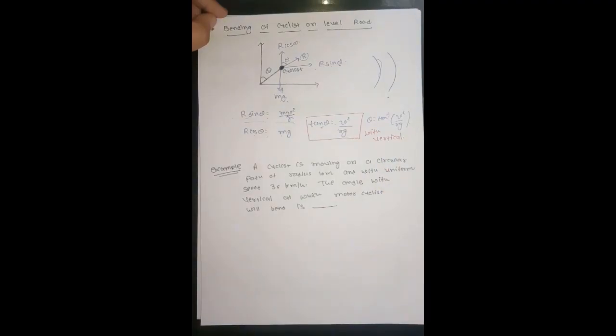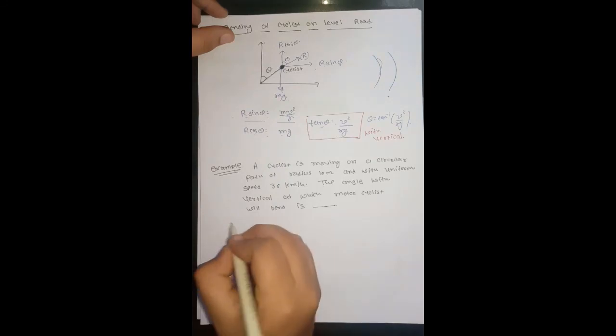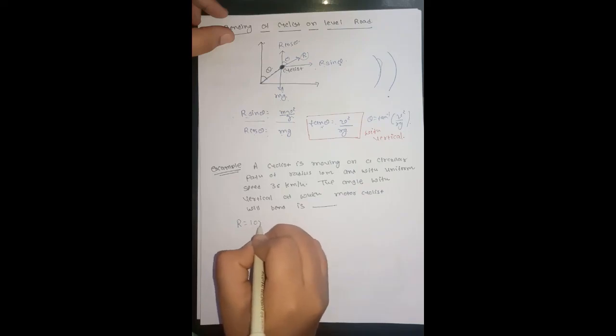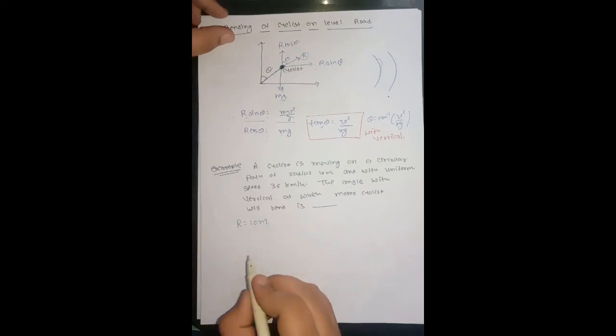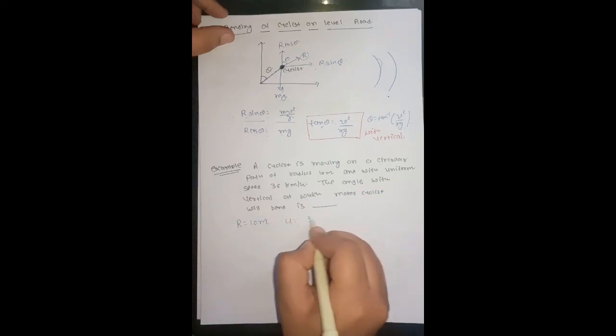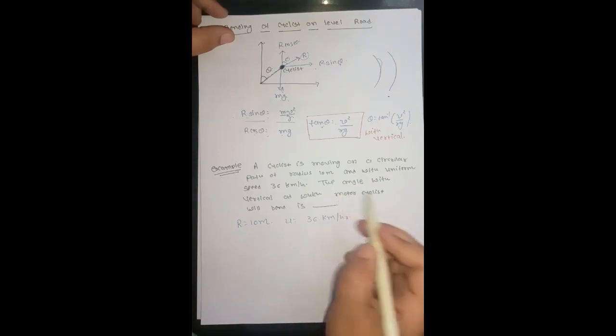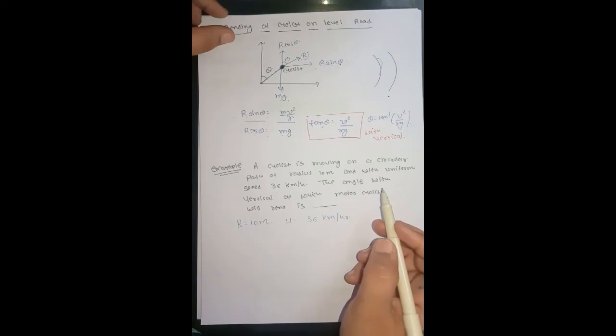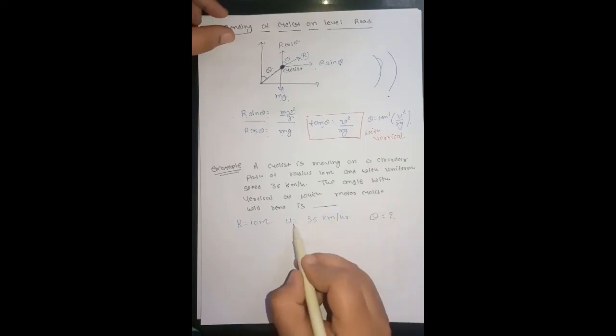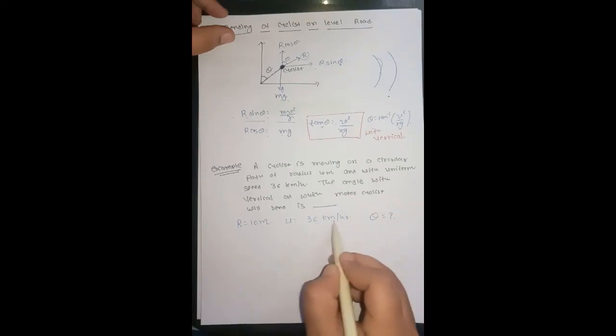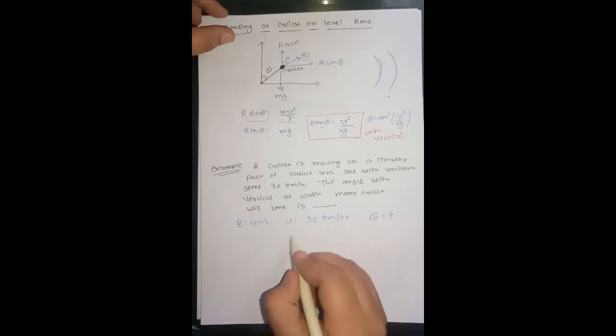Let us see one example on that. A cyclist is moving on a circular path of radius 10 meter and with uniform speed 36 km per hour. The angle with vertical at which the cyclist will bend is, we want to find the angle theta. For that, first we have to convert this kilometer per hour into meter per second.